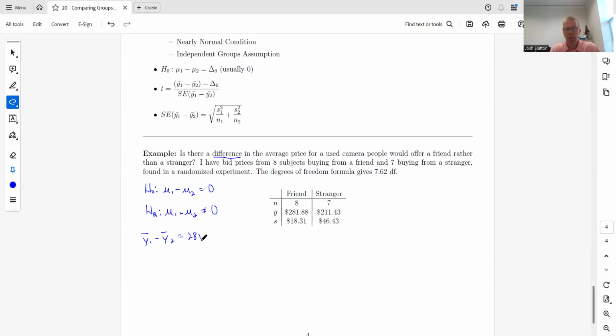We can find the difference in the y bars. So 281.88 minus 211.43, and that is 70.45. We can find the standard error of the difference.